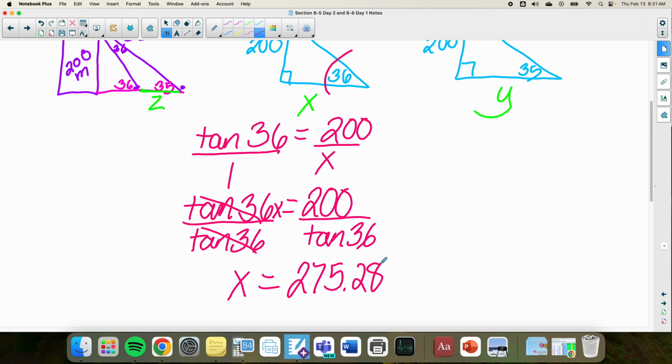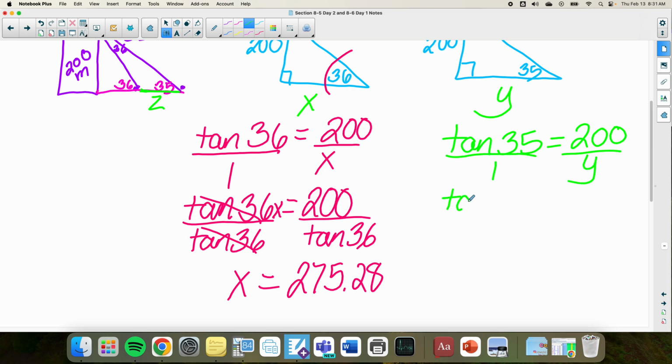Okay, then if we go over to this one here, it's also tangent, so it's going to be tangent 35 equals 200 over Y. And then we put this over 1, we get tangent 35 times y equals 200. Divide by tangent 35.